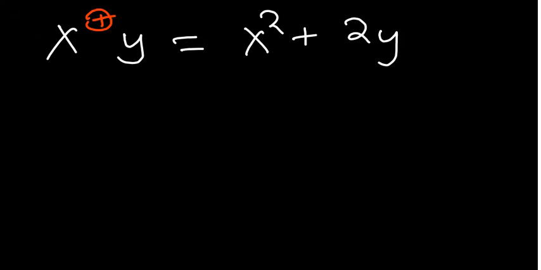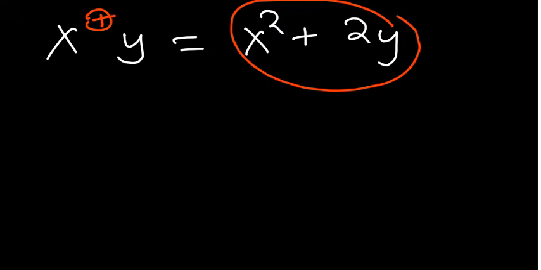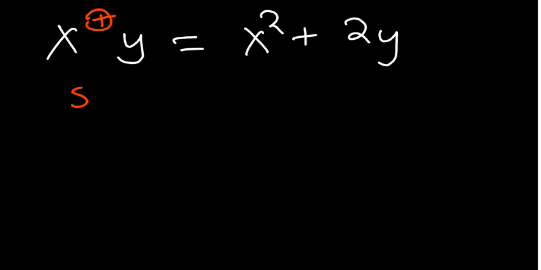So ask yourself, x squared: is it true that if you square an integer, the answer will still be an integer? It is true. Is it true that if you multiply any integer by 2, it will still be an integer? It is true. Is it true that if you add integers, you also get integers? It is true. So in this case, you can clearly see that the square of an integer is an integer.